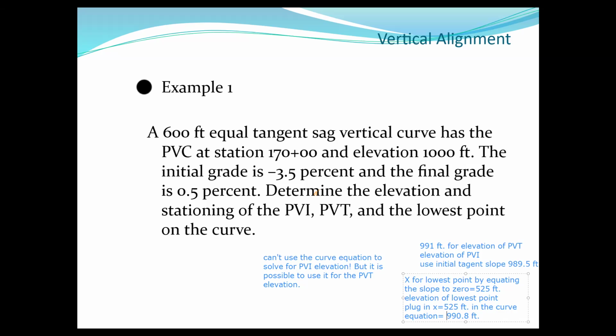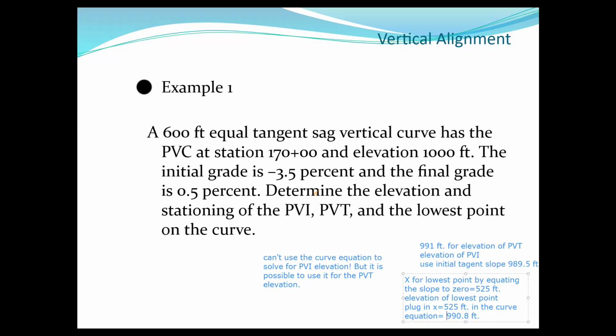So in any vertical curve problem, if you want to get to the lowest point, or the highest point if it's a crest curve, you want to get to that zero slope point, and you would have always reached the point where you basically neutralize the initial grade completely. That means you've changed the grade by the initial grade amount, which in this problem was 3.5%.